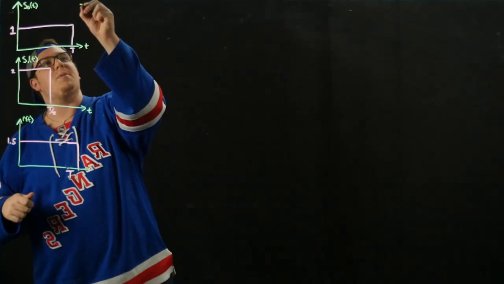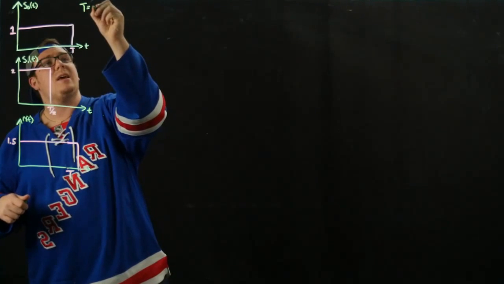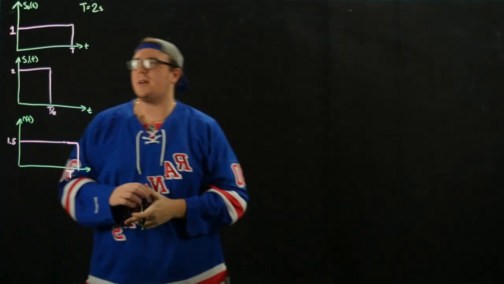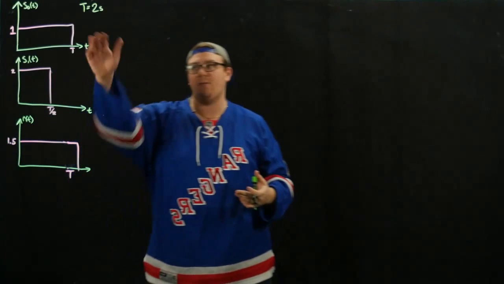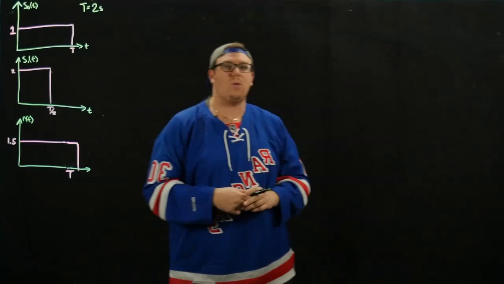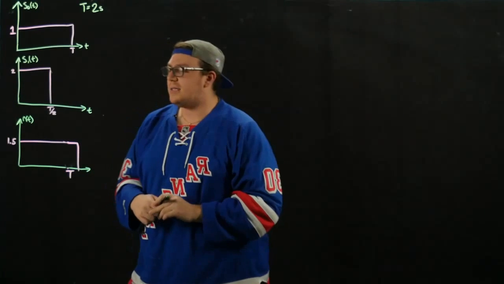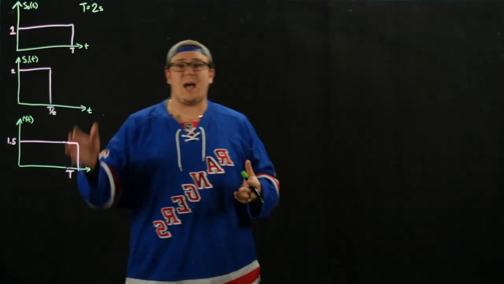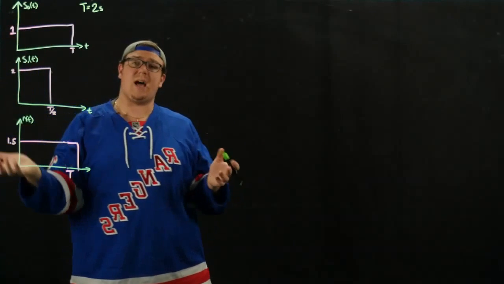And for all intents and purposes, we're going to say that T is 2 seconds. So you send a pulse for 2 seconds of height 1 if you want to send a 0, and a pulse of height 2 for 1 second if you want to send a 1. So at any particular time instance, you can look at the height and you can tell what's happening.